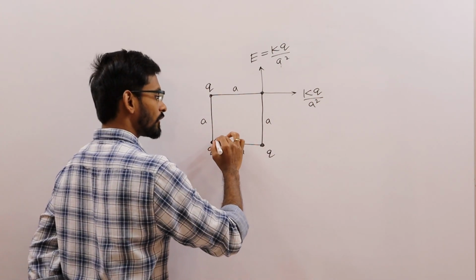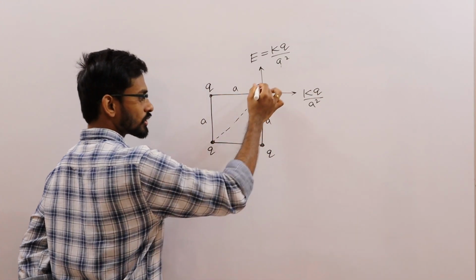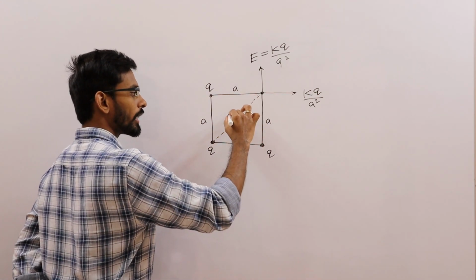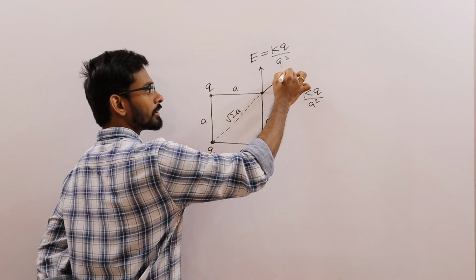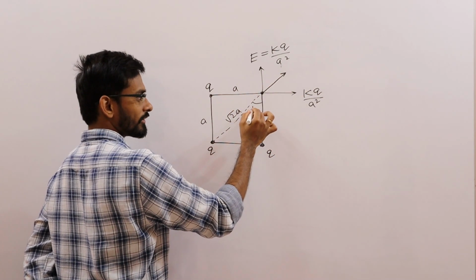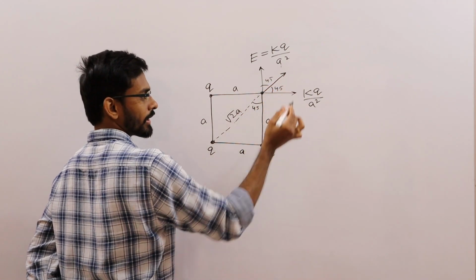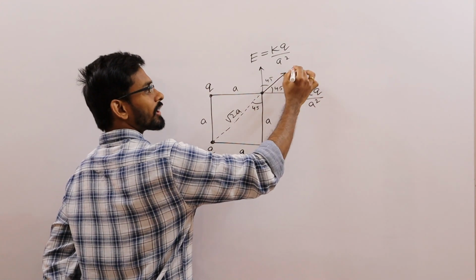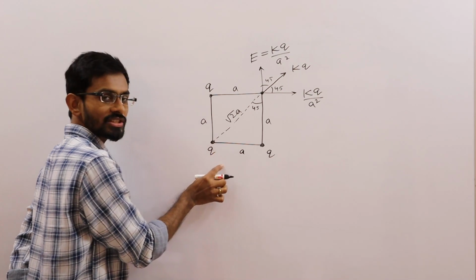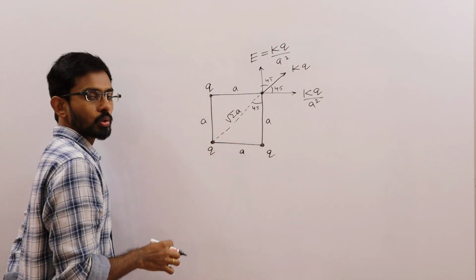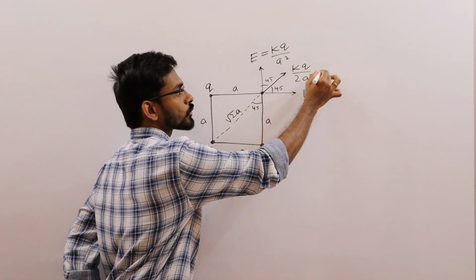Now if you calculate the electric field due to this one, the distance between these two points is root 2 A, and it will be along the angular bisector. So this angle is 45, this angle is also 45 and this is also 45. Now the electric field due to this charge will be K into Q by the distance root 2 A whole square, so 2A square.